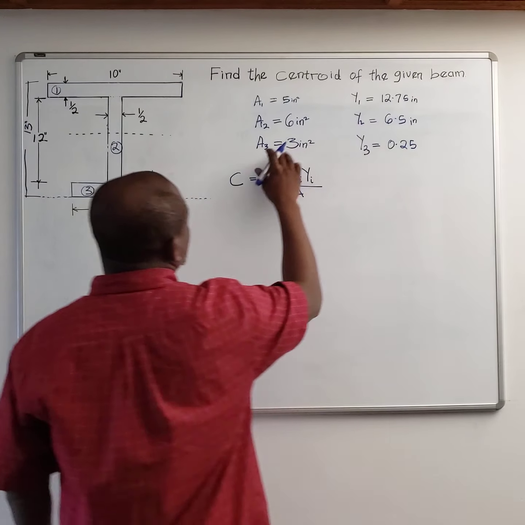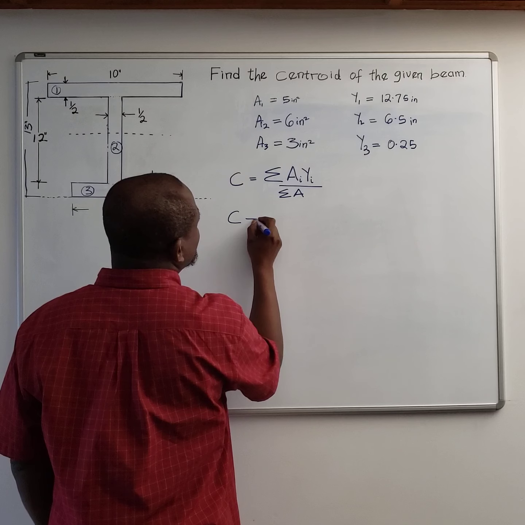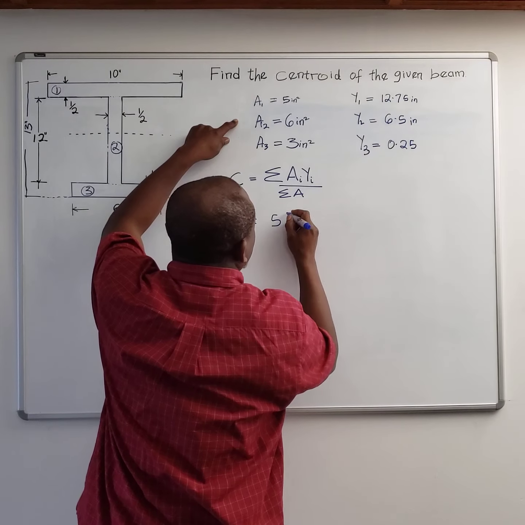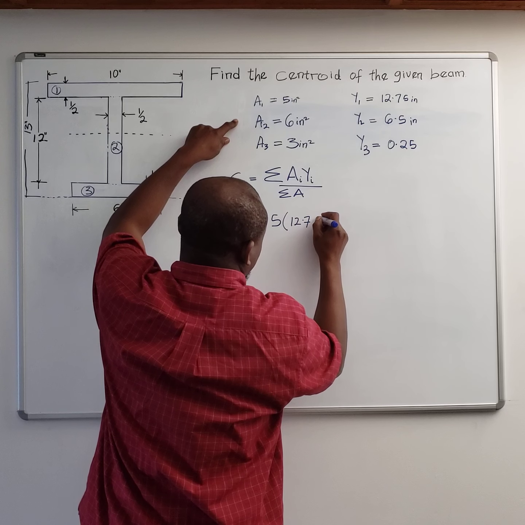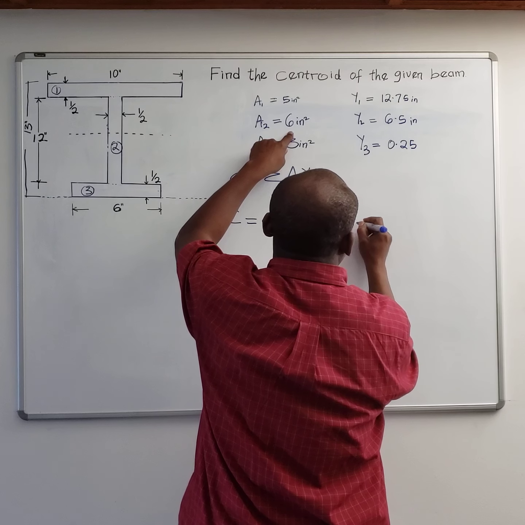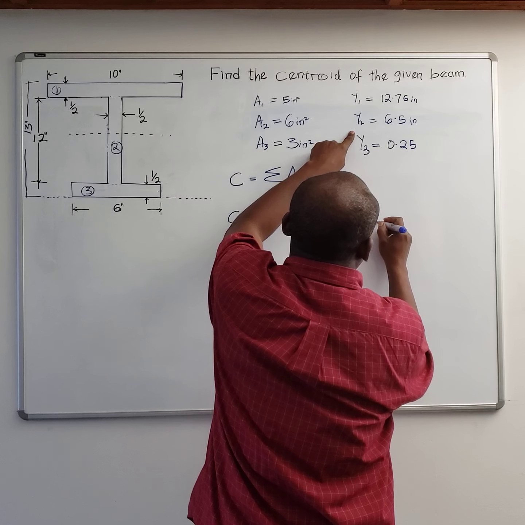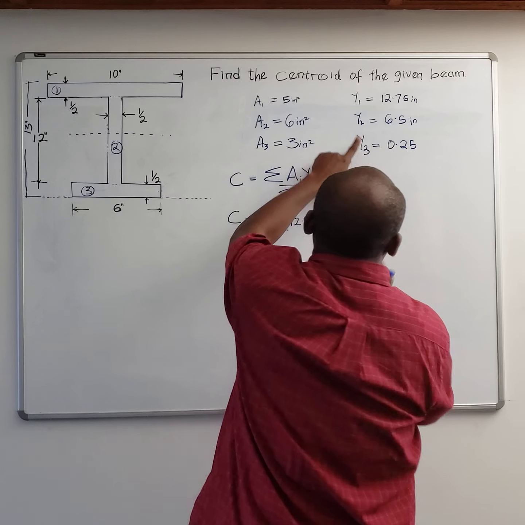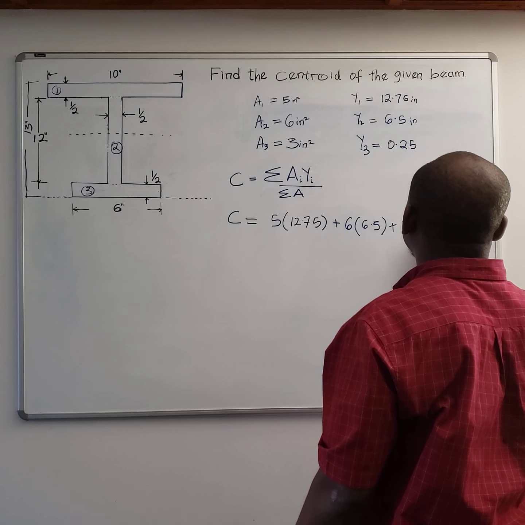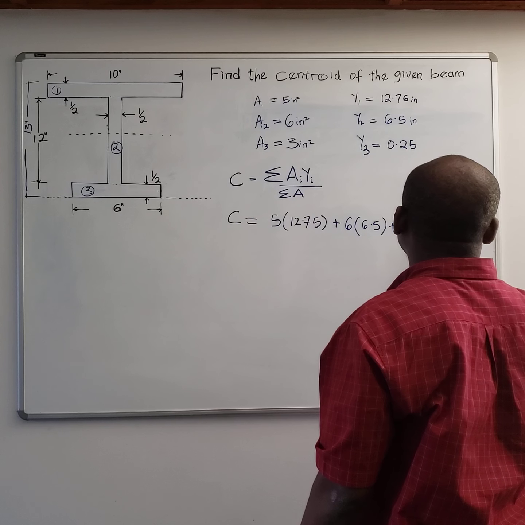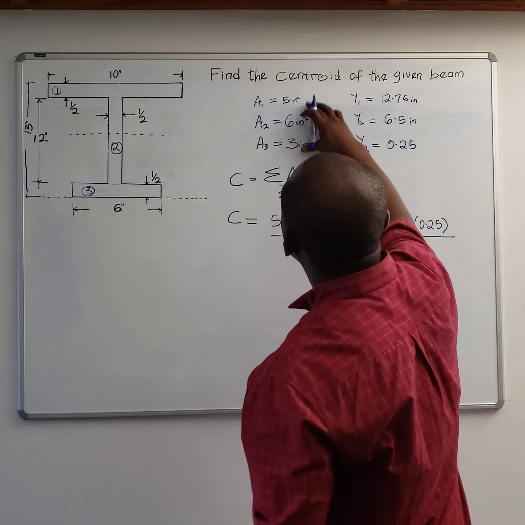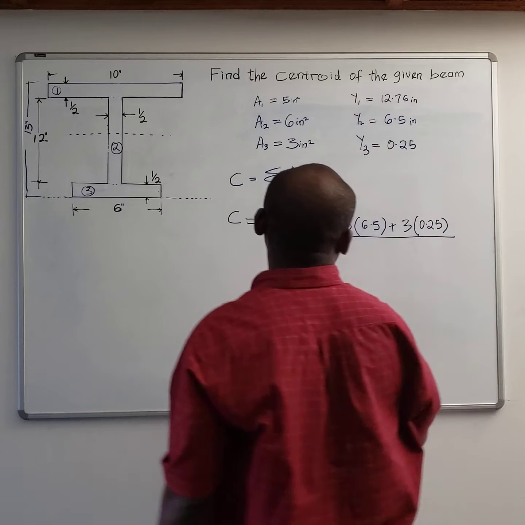So when you substitute these values into this equation, that becomes 5 multiplied by 12.75 plus 6 multiplied by 6.5 plus 3 multiplied by 0.25, divided by the sum of these areas. If you sum this up, that will be 14.